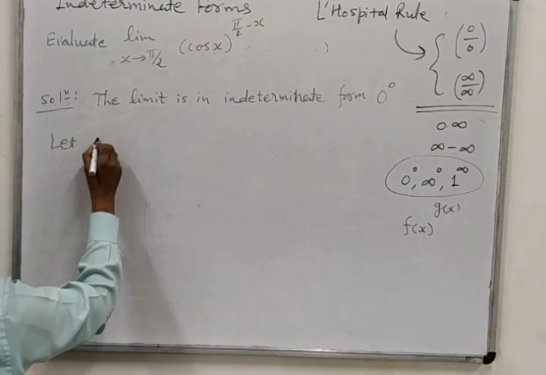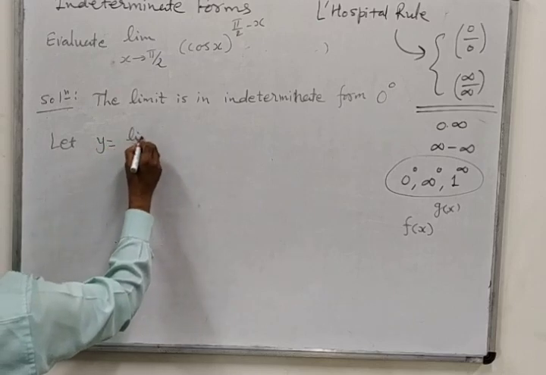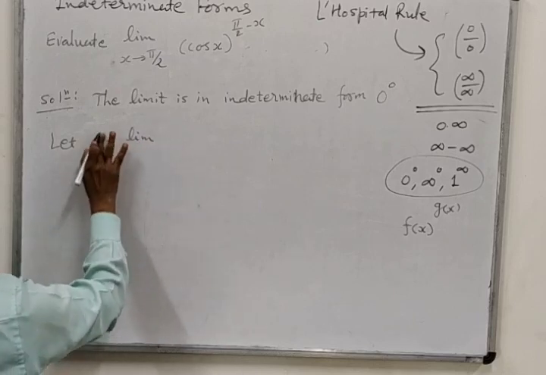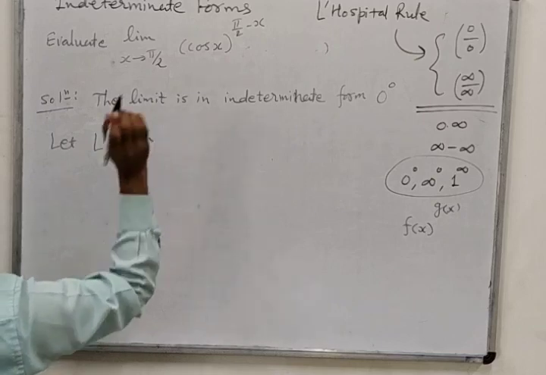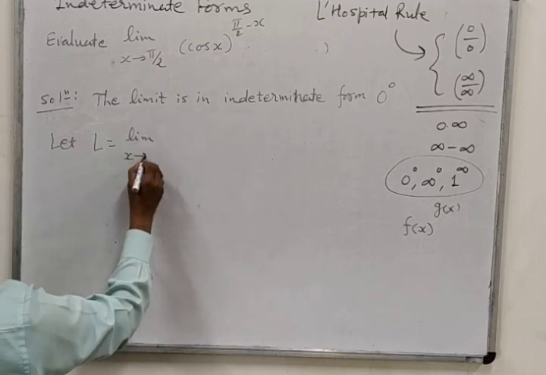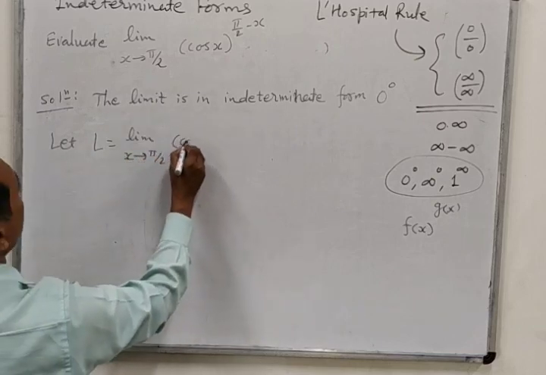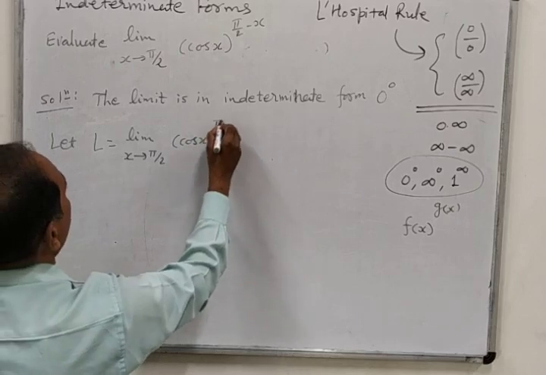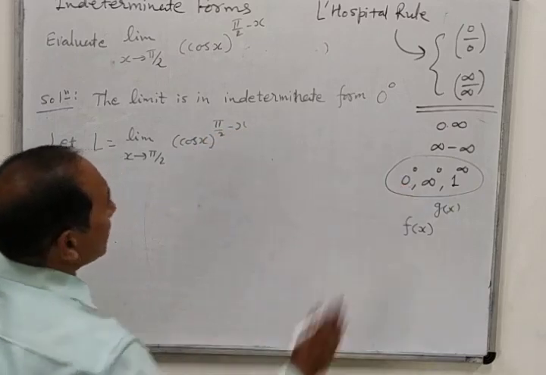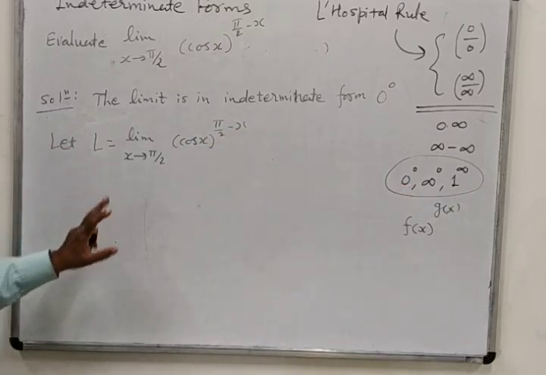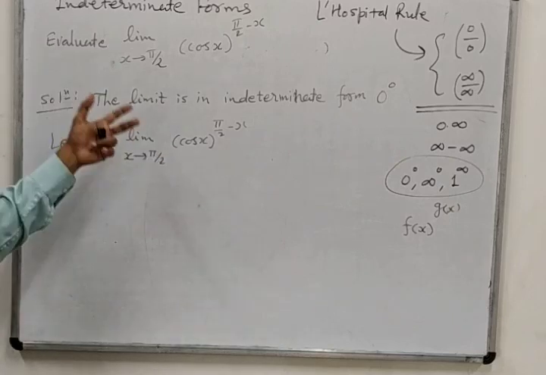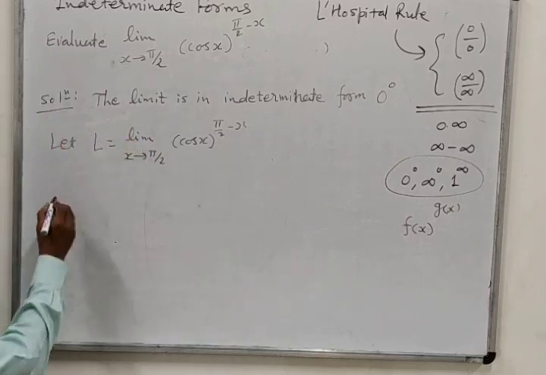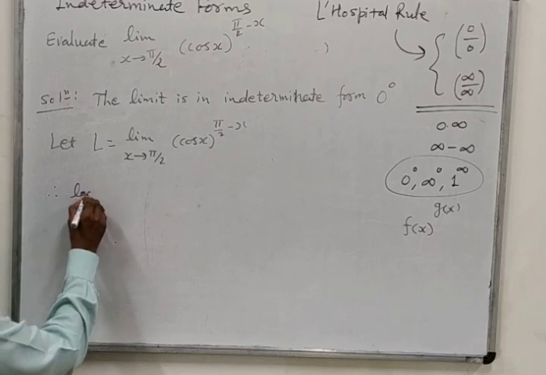Assume this limit as y or L. You may assume this as L also, whatever you want. L equals limit x tends to pi by 2 of cos x raised to pi by 2 minus x. In each of these three types you follow the same thing, because we will have to simplify this function, and then we will take log on both sides.